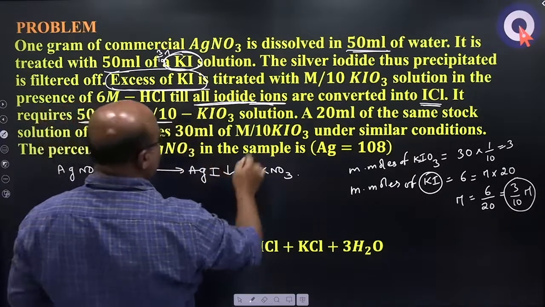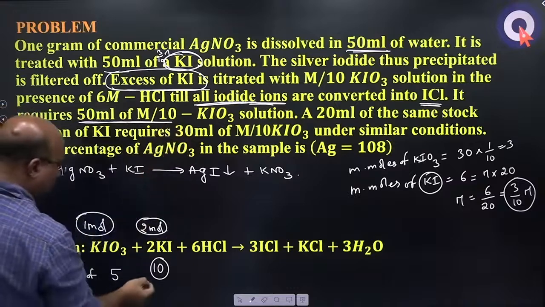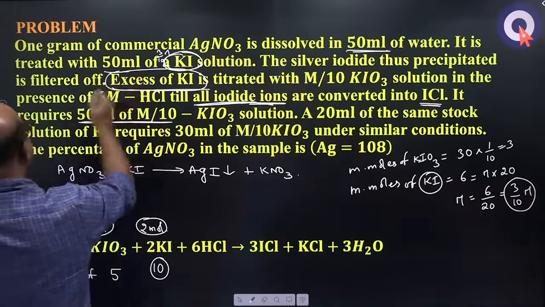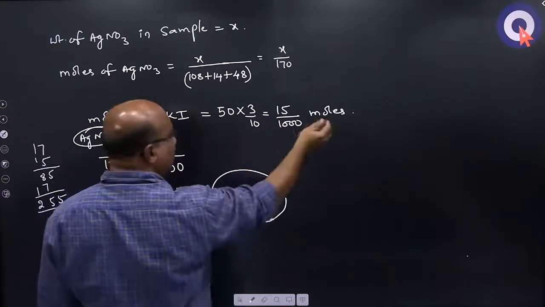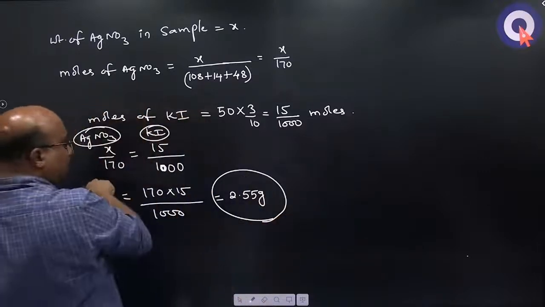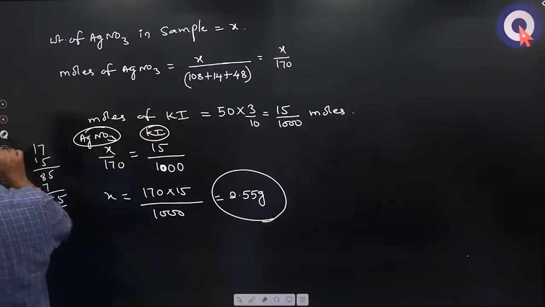Suppose 50 ml of M by 10 is consumed, 10 is consumed. So how much we added is actually 15. So 15 millimoles we added, in that 10 is consumed. So 5 reacted here. I think we'll write like this.